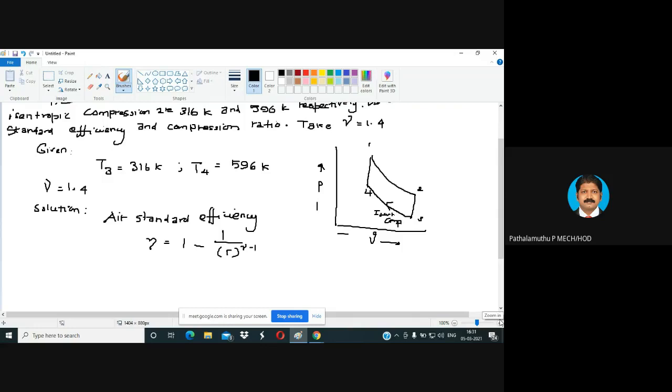We know the isentropic compression process 3 to 4: T3 by T4 equal to V4 by V3 power gamma minus 1.